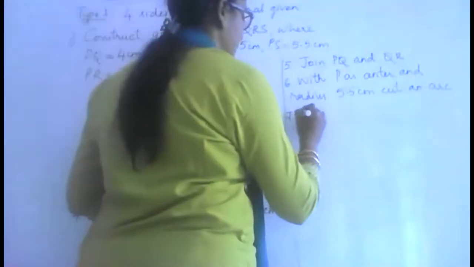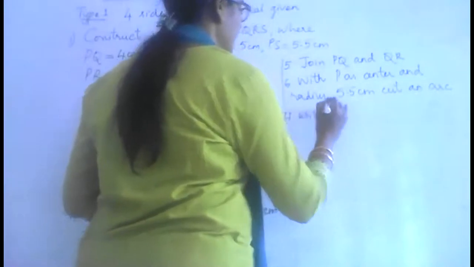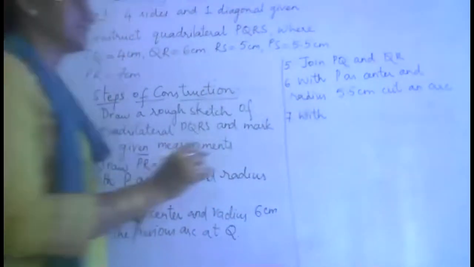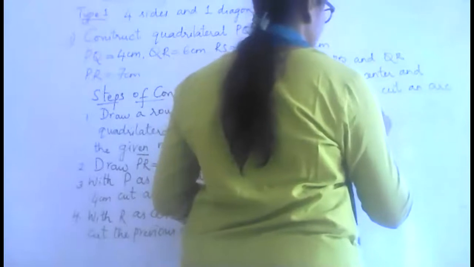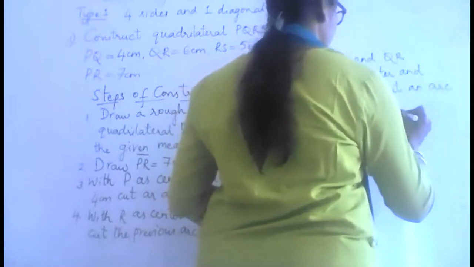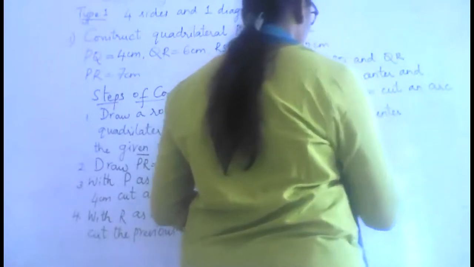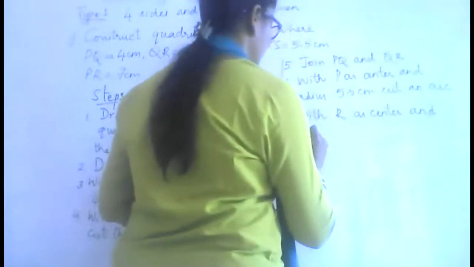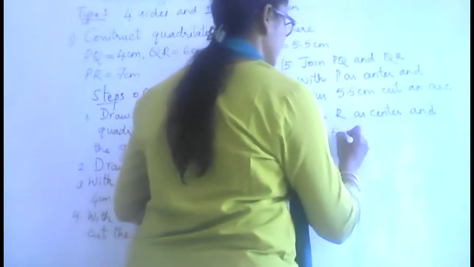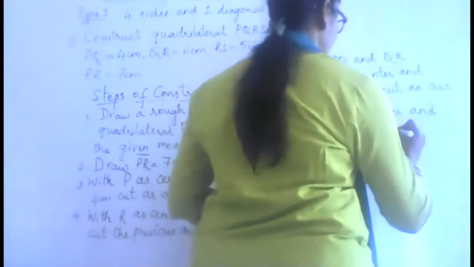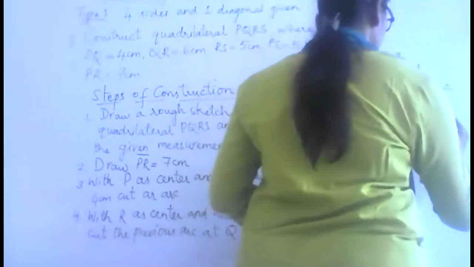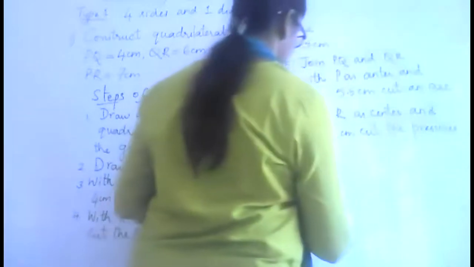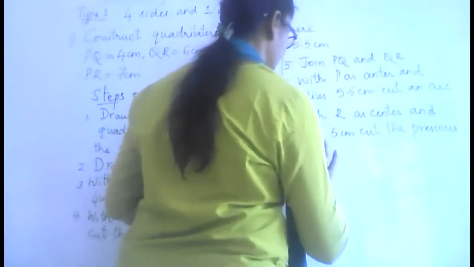Then the next step. Now where should you keep the compass? With R as center. Yes, with R as center and radius 5 centimeters, cut the previous arc at S. Very good.